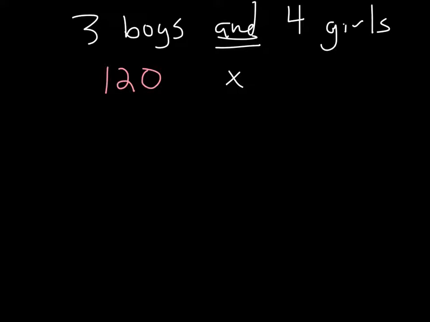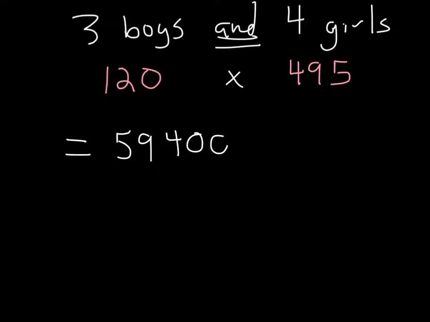And tells us to multiply. Since our choices are independent of each other, there were 495 ways of picking girls. So we do that multiplication, and we get that there are 59,400 different committees we can make.